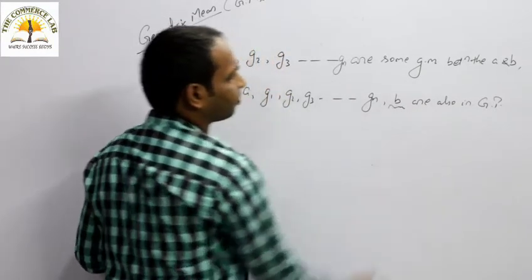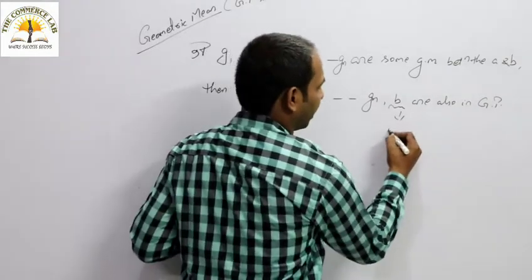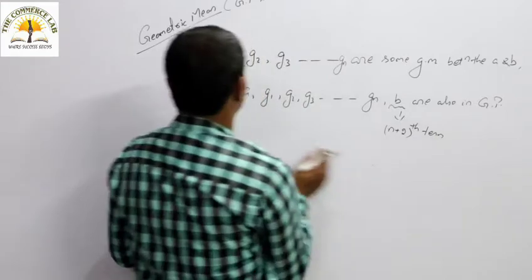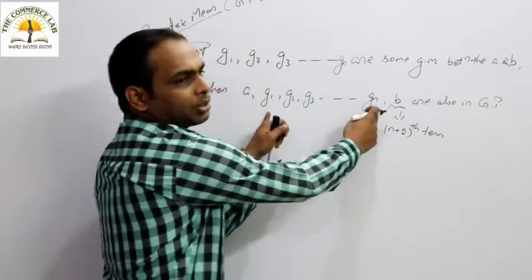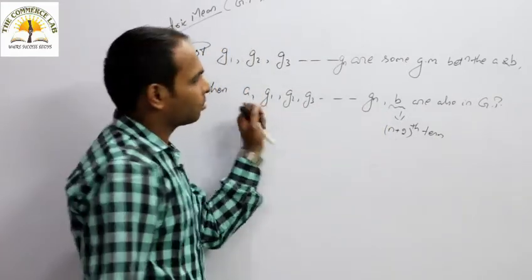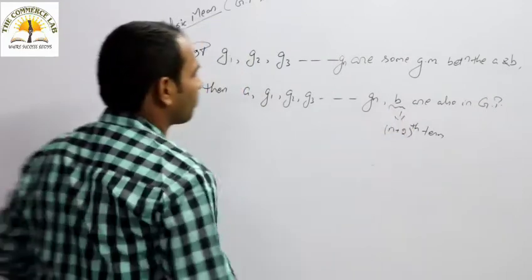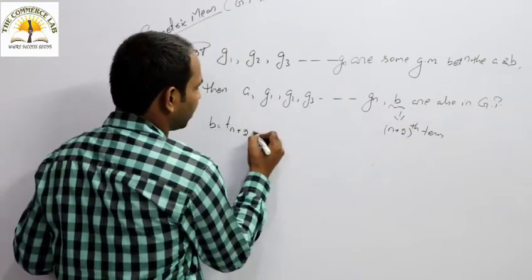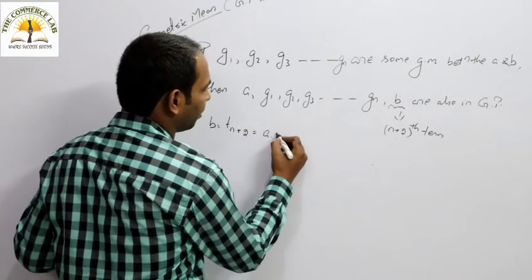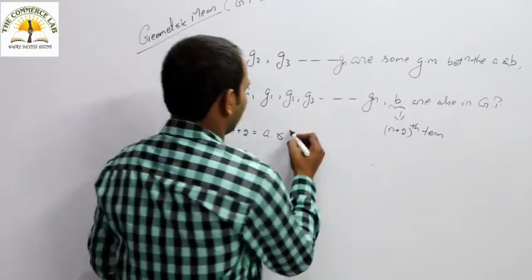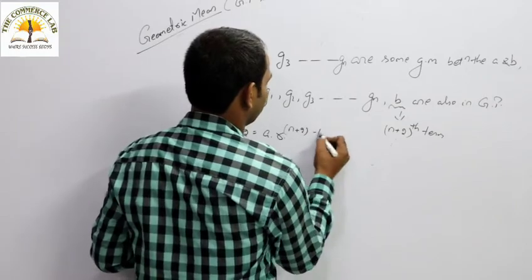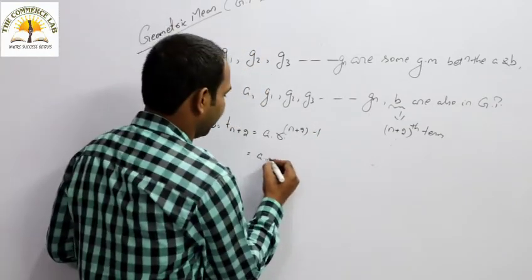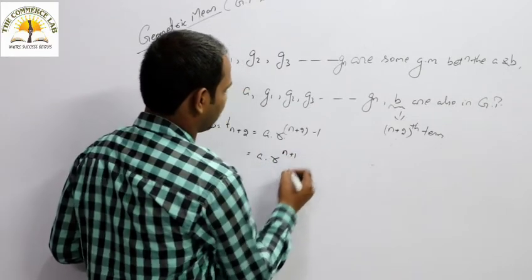Then B is your which term? B is your n plus 2 term, because G1 to Gn is your n terms. This one is your n plus 1, this one is your n plus 2. Then B equal to Tn plus 2 is equal to A into r to the power n plus 2 minus 1, which is A into r to the power n plus 1.